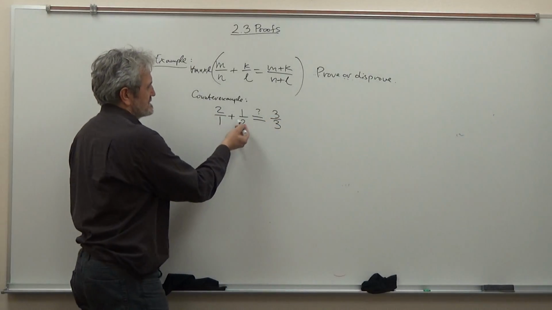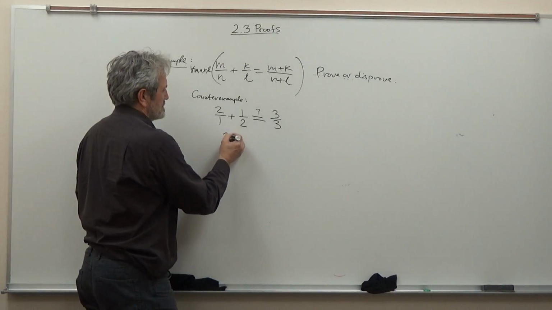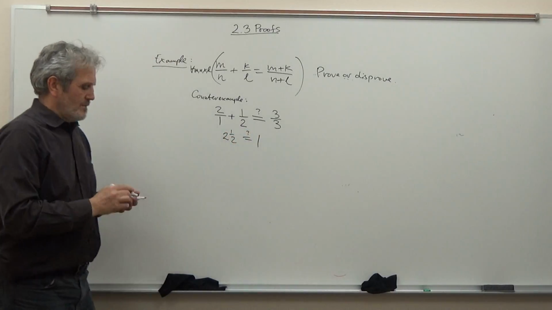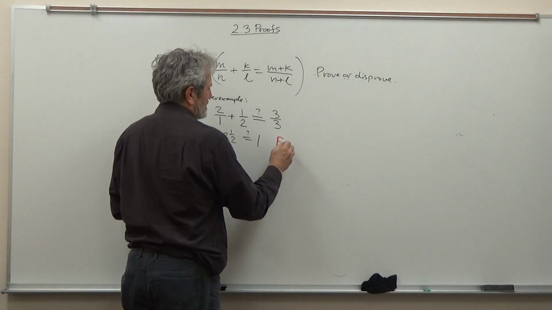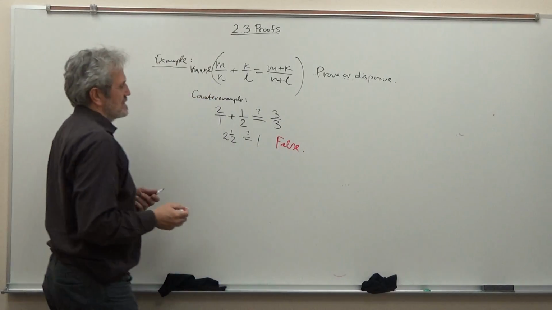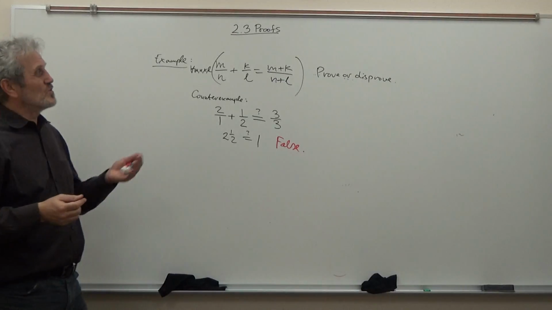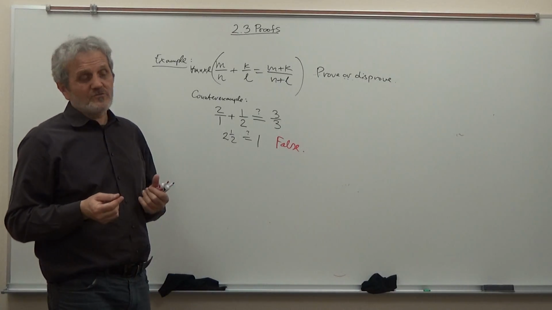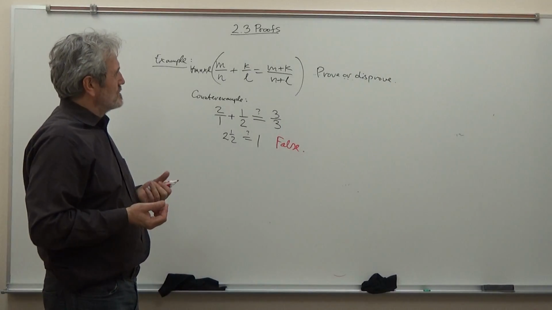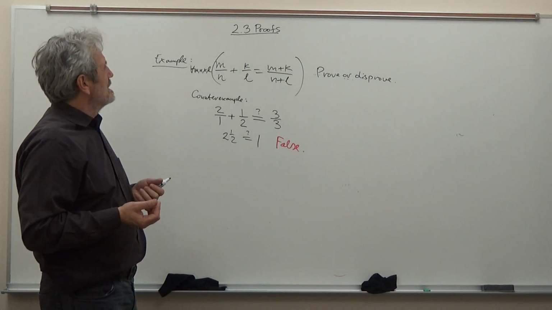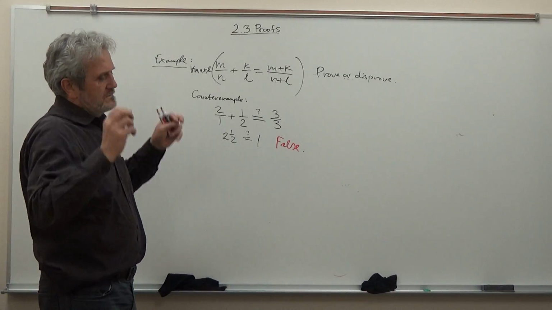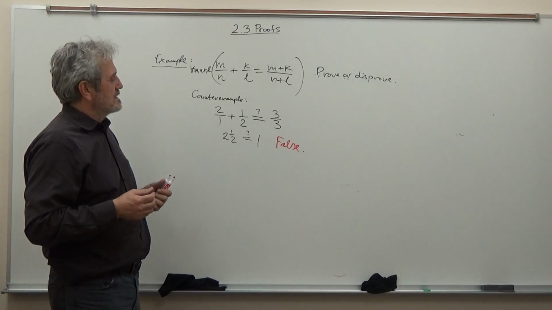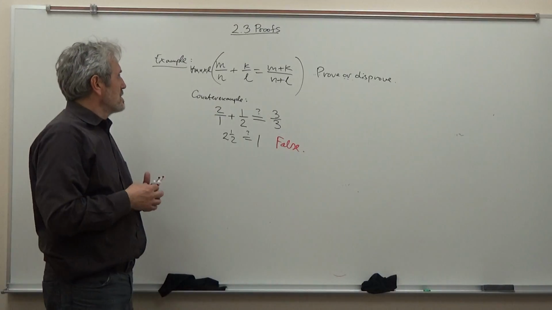Obviously, on the left side we get 2.5, and on the right side we get 1. Obviously this is not true, this is false. So that shows the rule is not valid, that's not how rational numbers or fractions behave. To disprove a so-called law, you just find a counterexample where that rule doesn't work.